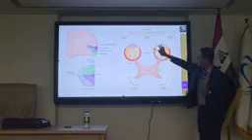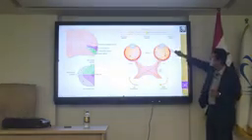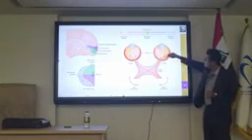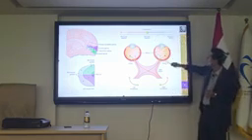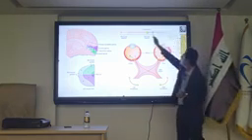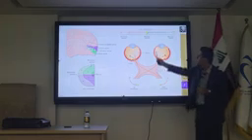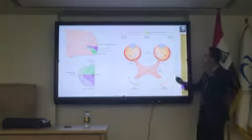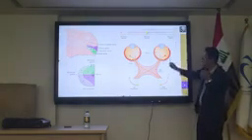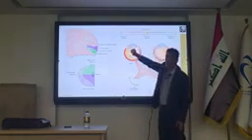Now, let's see the right eye. What happens in the right eye? So the nasal part sees the lateral side. So from here to here is seen by the nasal retina of the right eye. Yeah, the temporal side of the right eye sees from here to here.